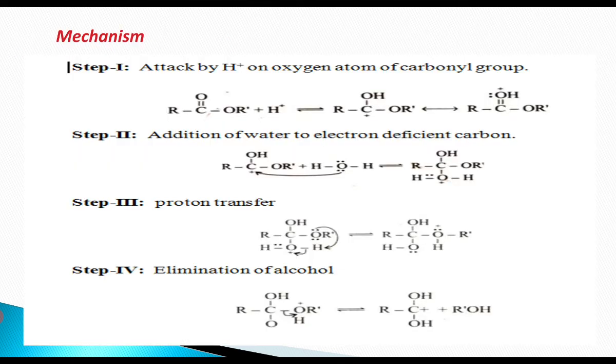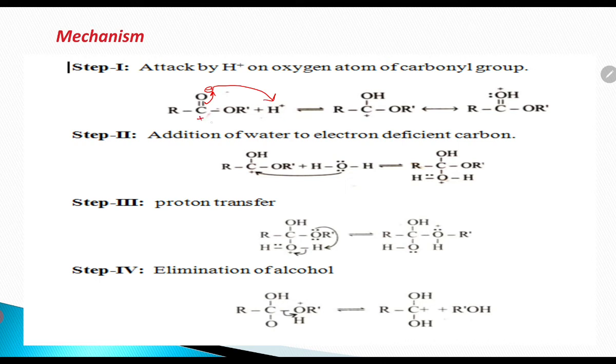The first step of the mechanism is the attack by H plus on the oxygen atom of the carbonyl group. In this acid catalyzed hydrolysis, H plus, we know that this oxygen is highly electronegative, therefore it abstracts electrons towards itself and becomes O minus, and therefore it abstracts the proton onto it, and a C-OH bond is formed here.